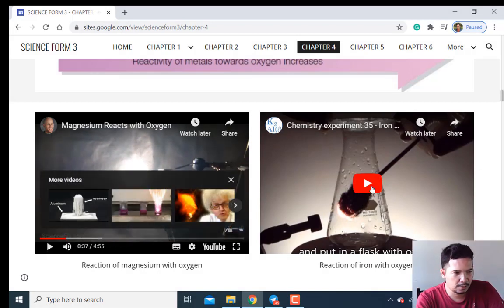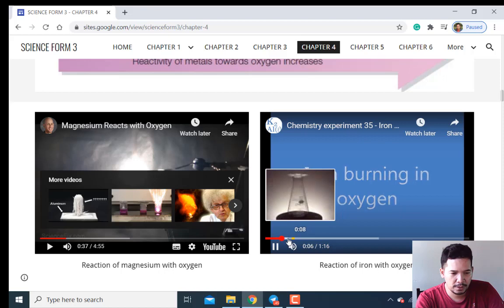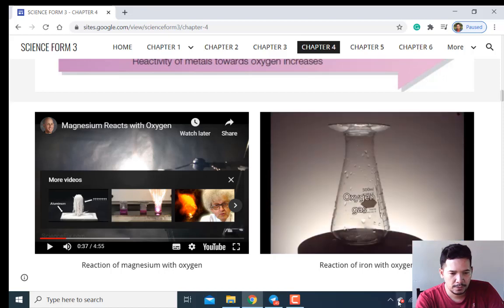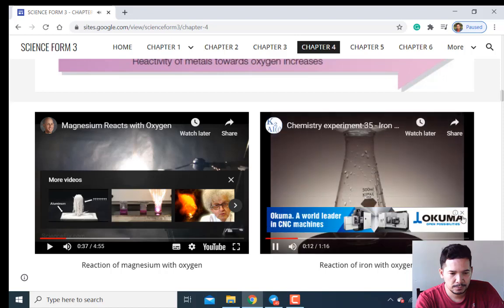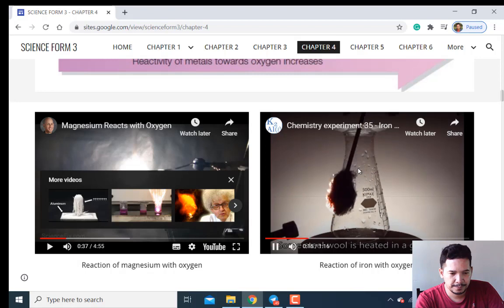Just go to the Google Science Form 3 Chapter 4, and this is iron burning in oxygen. So you can see the difference. This is iron.